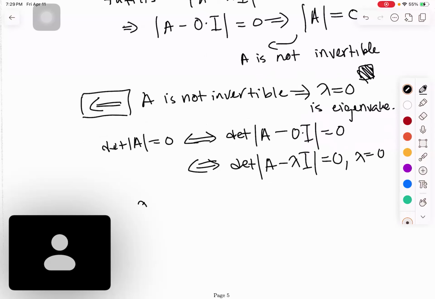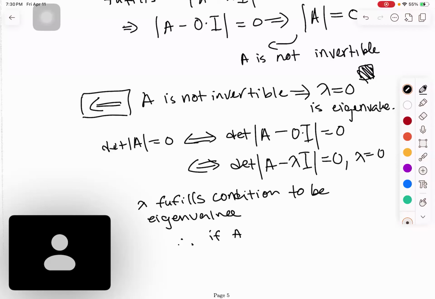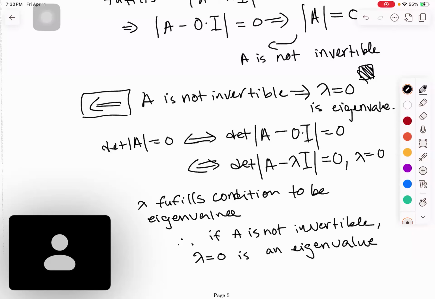From here, we can see that lambda fulfills the condition to be an eigenvalue. Therefore, if A is not invertible, lambda equals 0 is an eigenvalue.